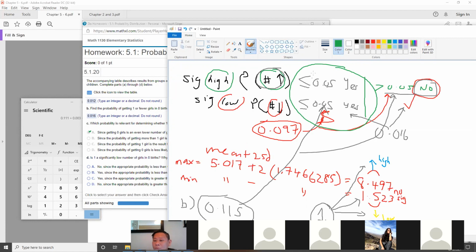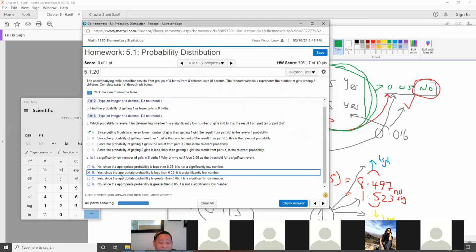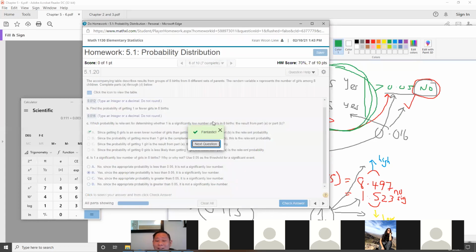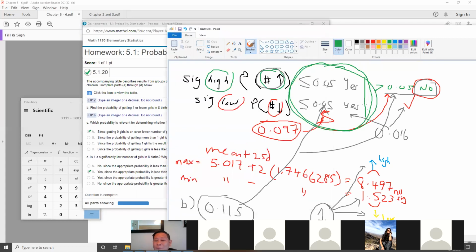Yes. So your answer is yes, it is significantly low, because it is less than 5%. That's why I circle this. If I circle this, it means no.